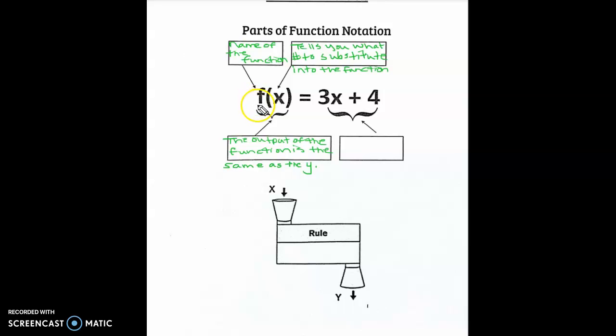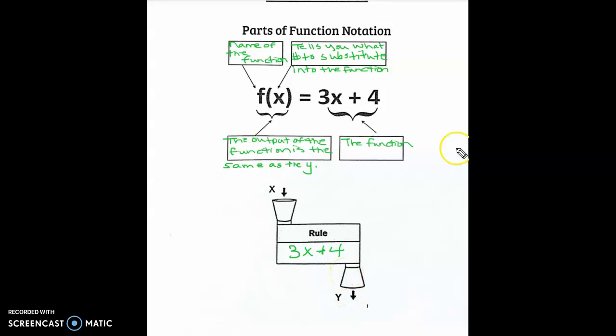F of x, g of x, h of x, i of x, as opposed to all of them being named y. Okay, the 3x plus 4 part, that's the function. Okay, we have a function machine here. What happens is we put in a certain number in for x. It goes through the machine. The rule gets applied, which is the function. And then we get our output number. That output number comes in.